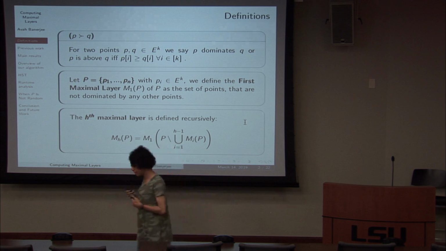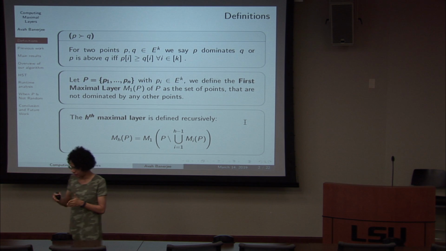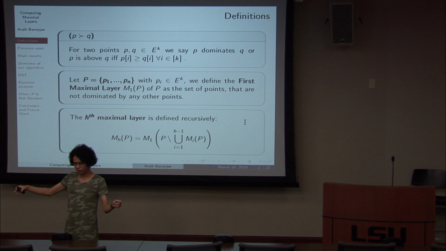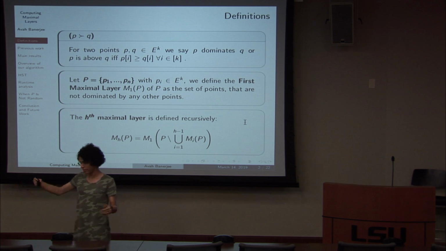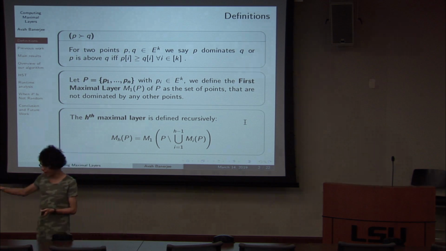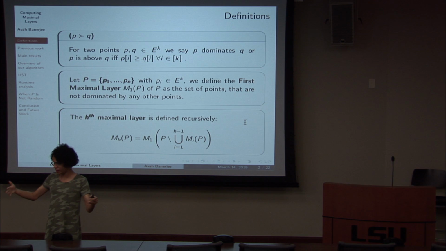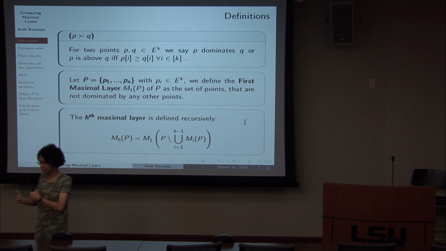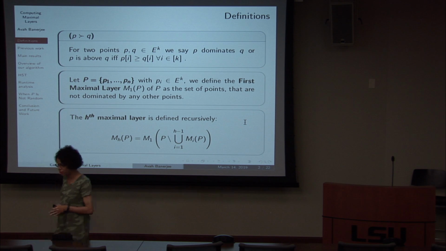Think of this as a generalization of ranks of a totally ordered element in one dimension. You have rank 1 element, that's the max. If you remove the max, the rest are the rank 2 elements. Here in high dimension that corresponds to layers, because you're not going to have just one element; you can have more than one element, or no element.